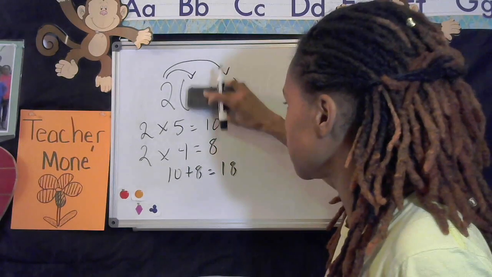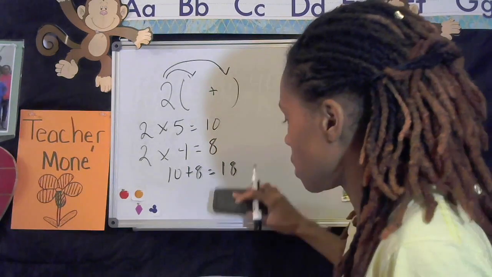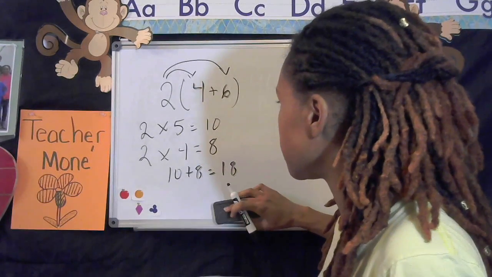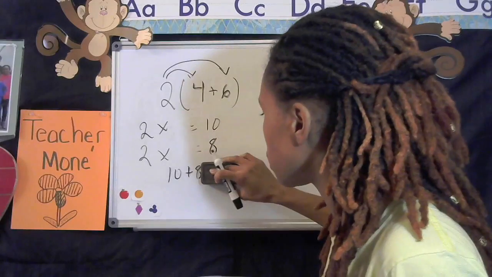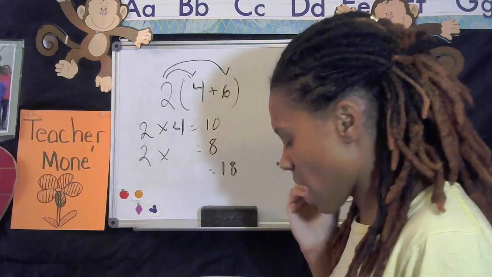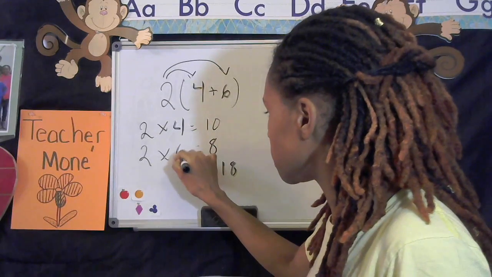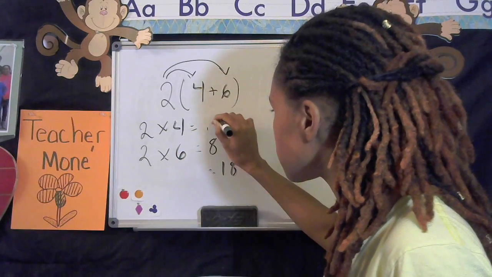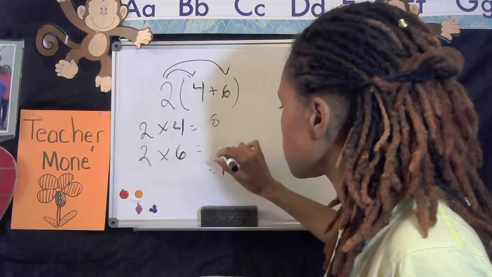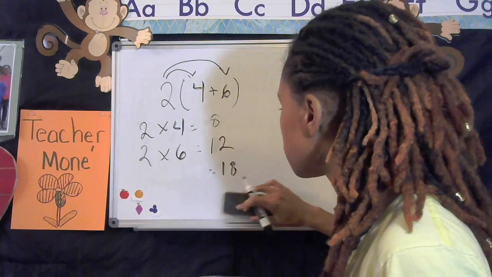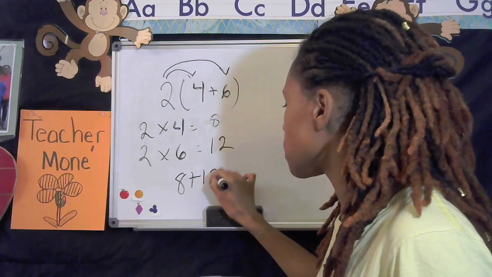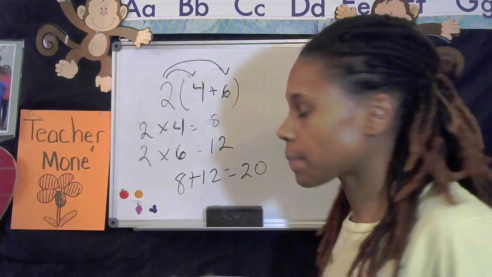It doesn't matter what the numbers are. So if I change this to 4 plus 6, then I'll have 2 times 4 and 2 times 6. 2 times 4 is 8. 2 times 6 is 12. 8 plus 12 equals 20.